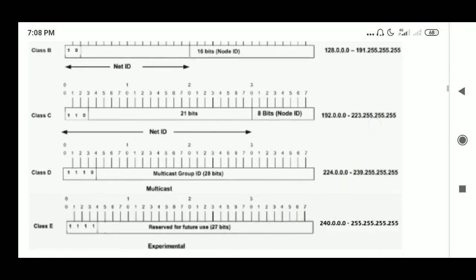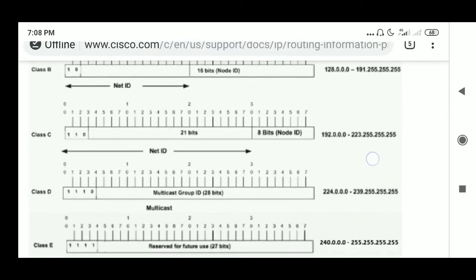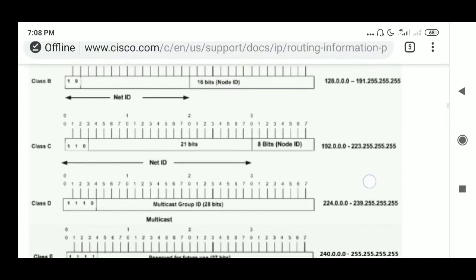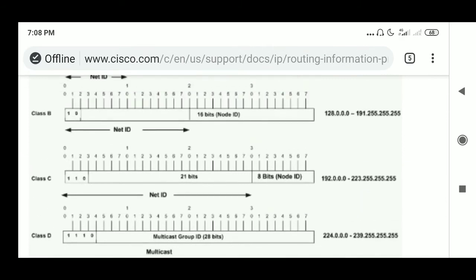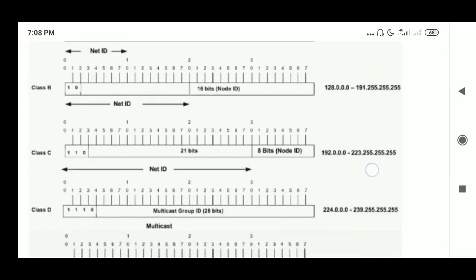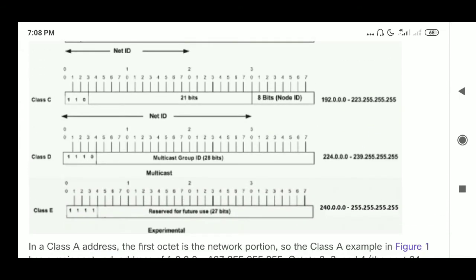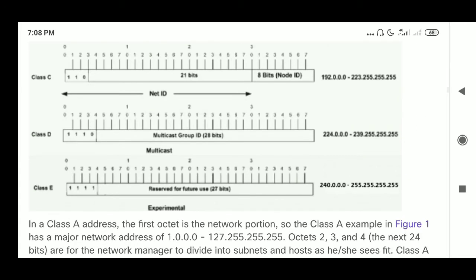Okay, so for the IP addresses, if the first octet has values from 128 to 191, then these belong to class B addresses, and if the IP addresses start from 192 to 223, these belong to class C addresses, in which 8 bits can be used only for the host.